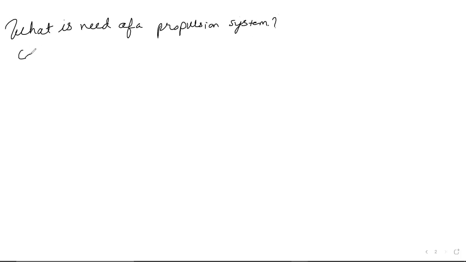First of all, what is the need of a propulsion system? Second question is, can't we fly without an engine?